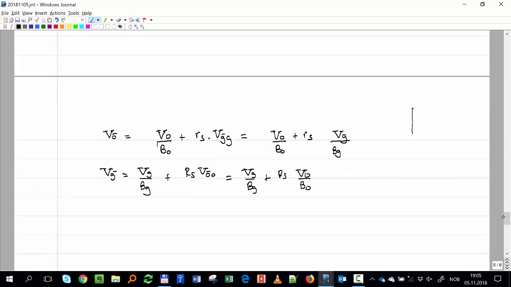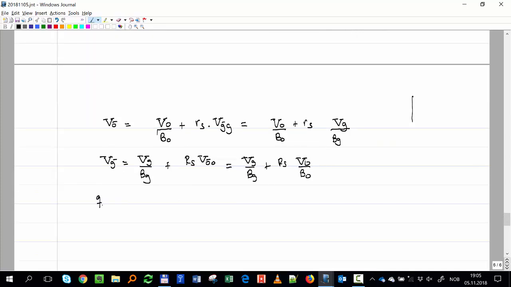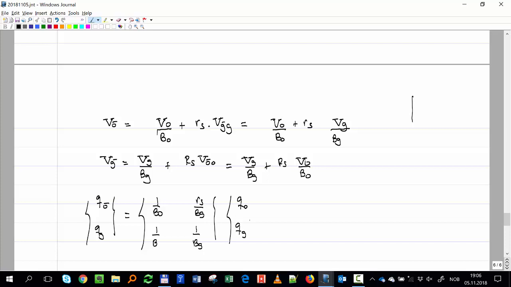Okay, now I make it into rate the same way I have done before. QO QG is equal to a matrix, and the matrix is 1 over BO, RS over BG, and 1 over BG. Sorry, 1 over BG is here, because I'm going to multiply times QO QG, and RS over BO.